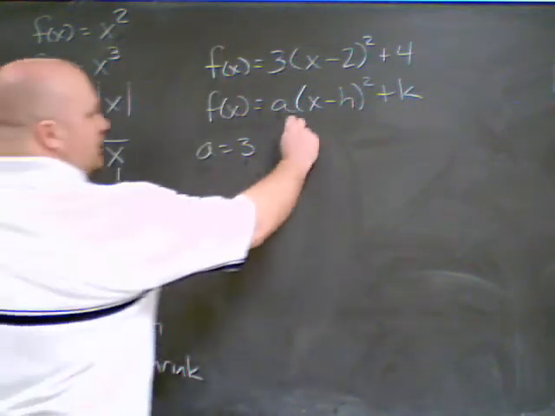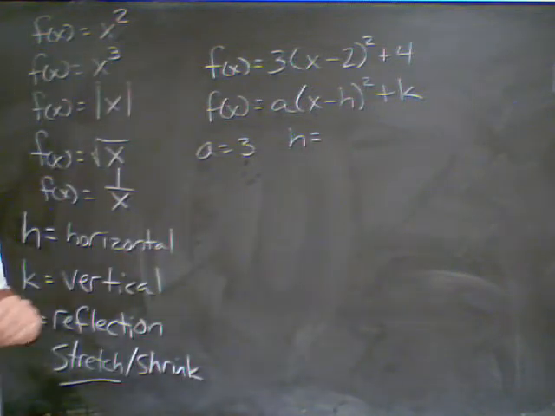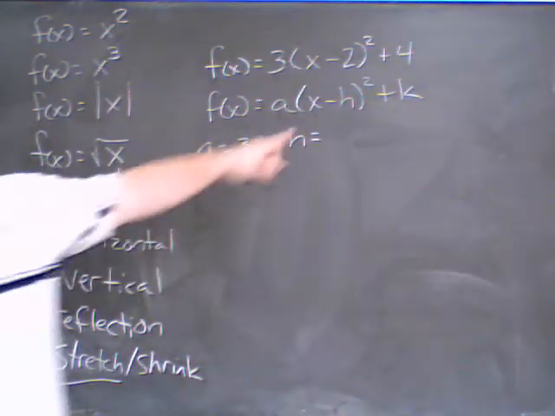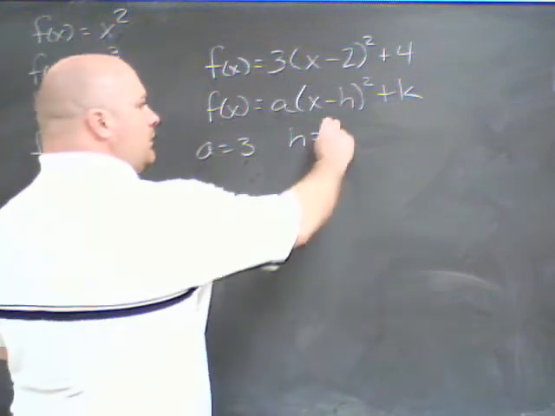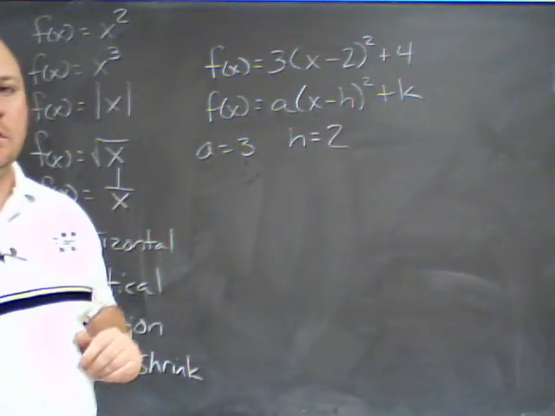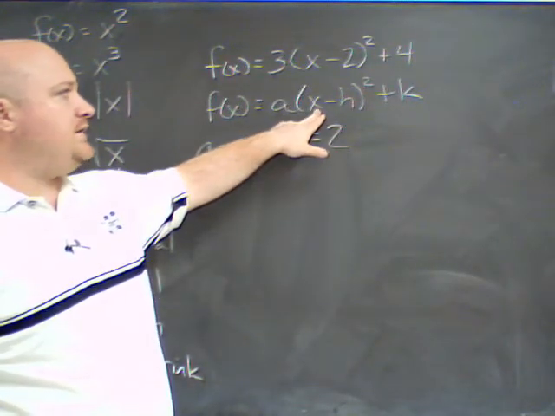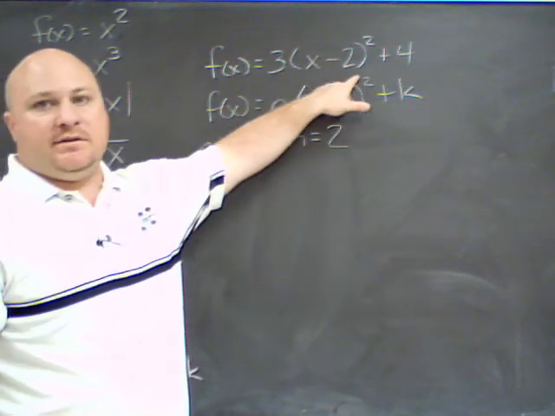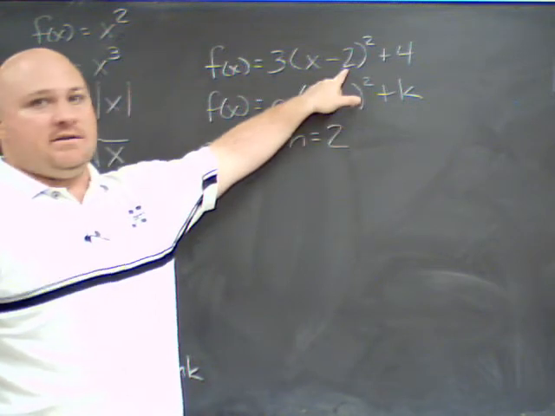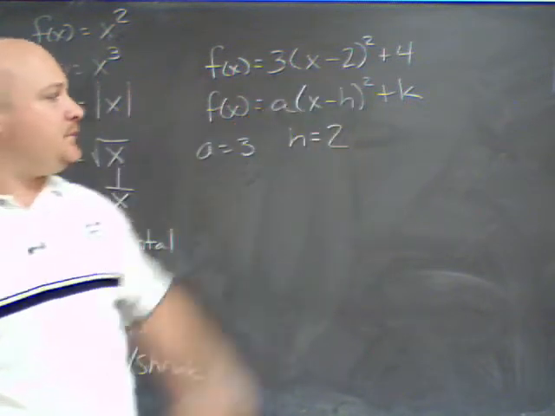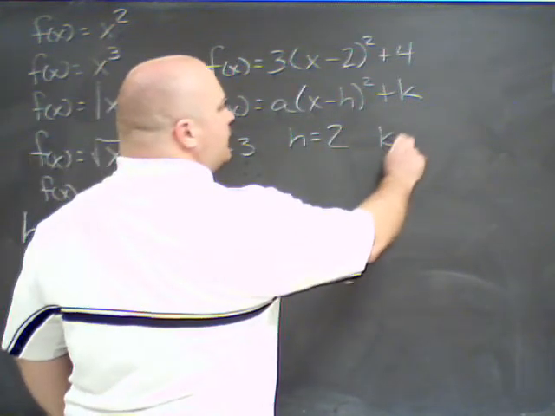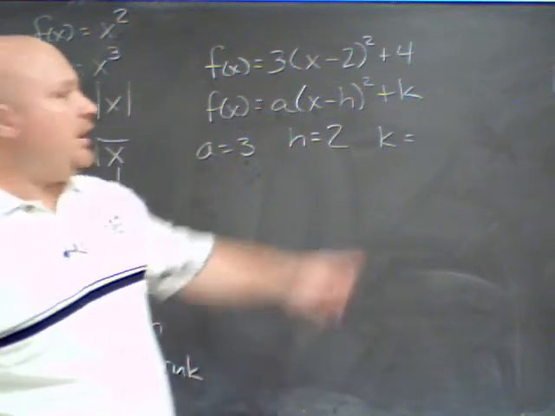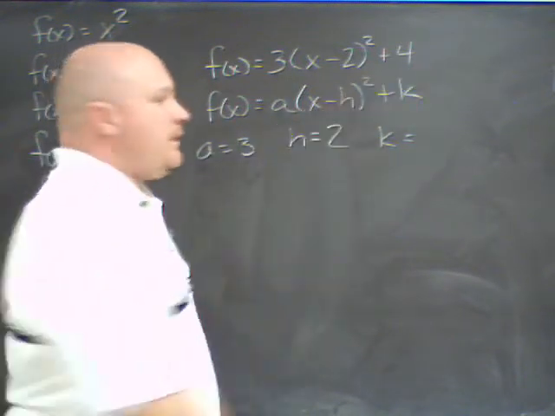H actually has a value of 2. It's a positive 2. Notice that our form is x minus h, and in our equation we have x minus 2. So the value of h is just 2, it's not negative 2. K has a value of positive 4.